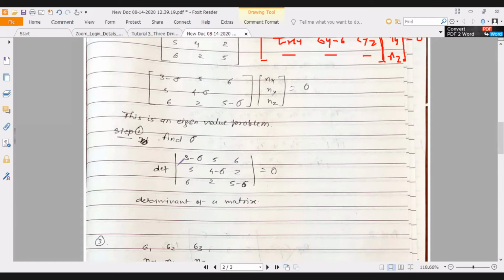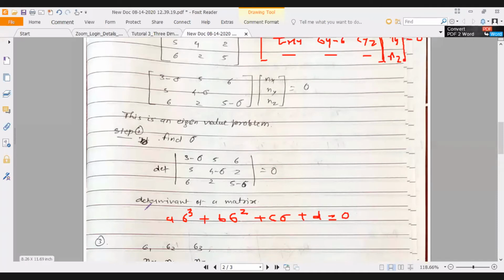That will give you a cubic polynomial. The general form of this equation is sigma cubed, minus a sigma squared, plus b sigma, plus c, is equal to 0.